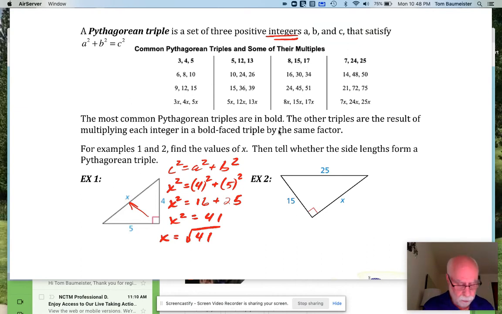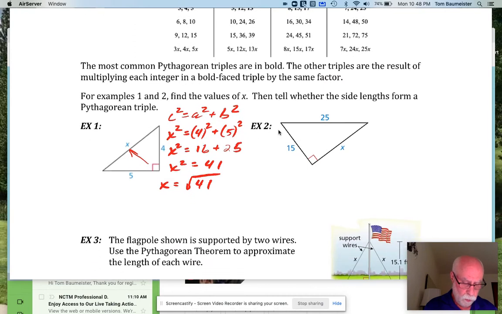So on this one here, we're going to still take the positive, but now I want you to think. The square root of 36 is 6. The square root of 49 is 7. So we know that the square root of 41 is between 6 and 7. In fact, if you put it in your calculator, you would see I'm right. And that is not an integer.